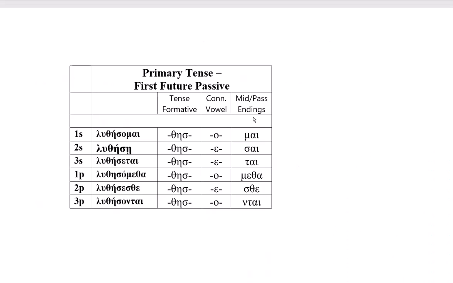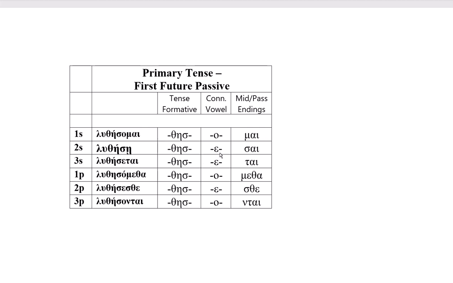Let's look at our table of first future passives. We have the tense formative thes. Connecting vowels are the normal ones for the primary tenses. So we have o, e, e, and then these go together fairly straightforwardly. Luthesomai.